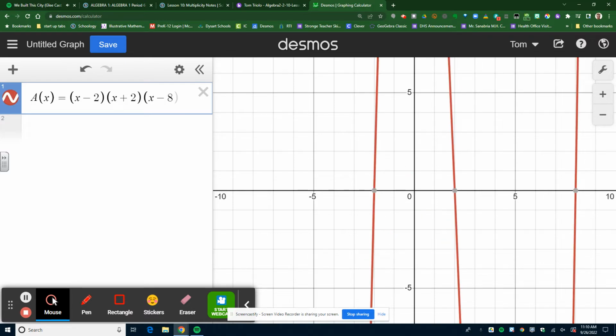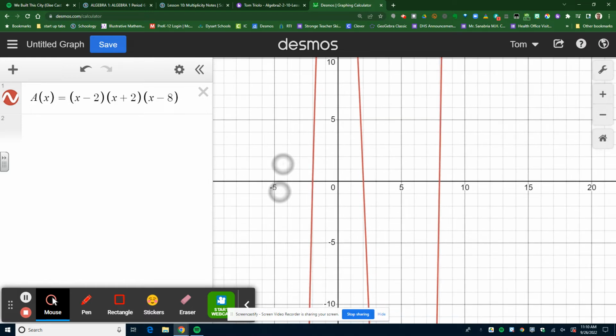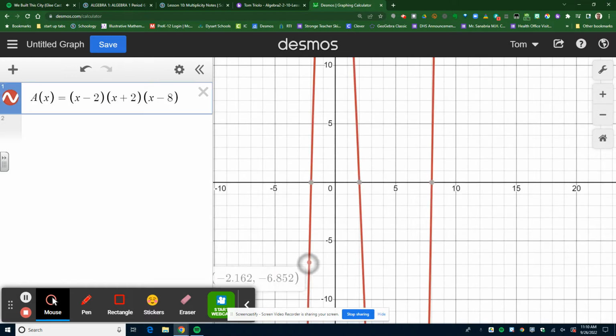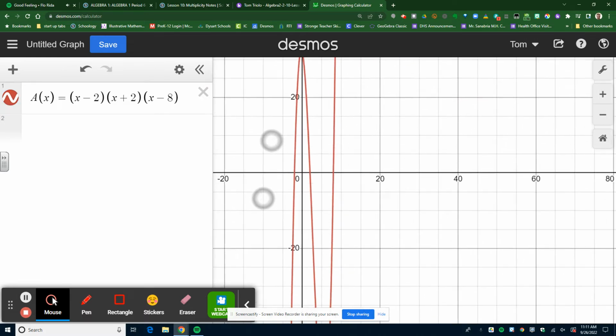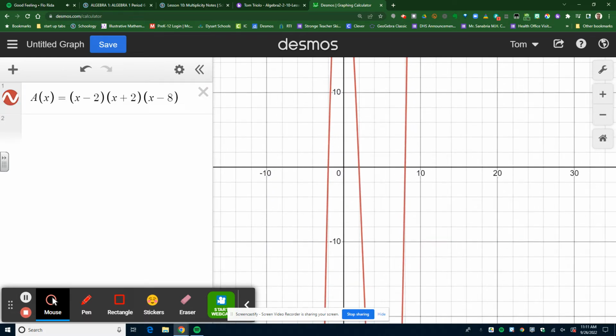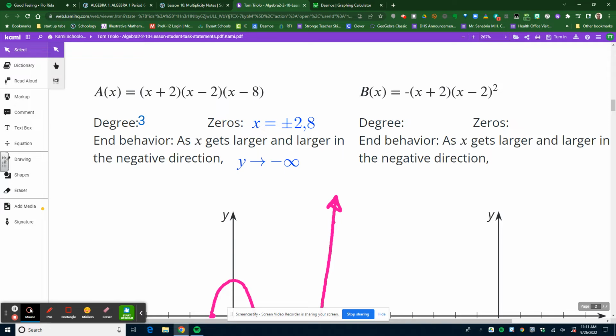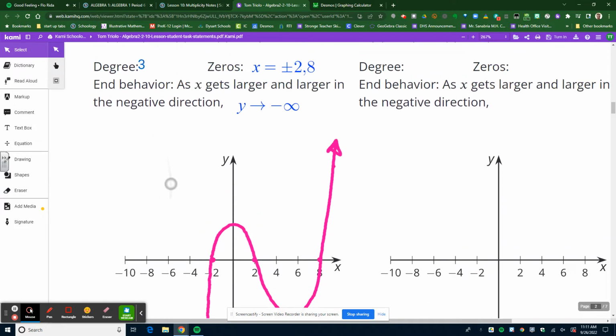Okay? So you can see that I can't even see where my relative max and min are, but I can see that it's starting here in the 3rd quadrant, passing through the 3 zeros, and it's finishing in the 1st quadrant. And that's all I want. So don't feel like you have to ask, well, where is it? I don't care. Okay? So when you're looking here, this is not the scale at all.